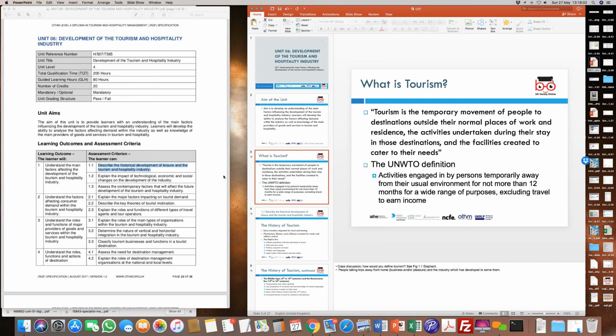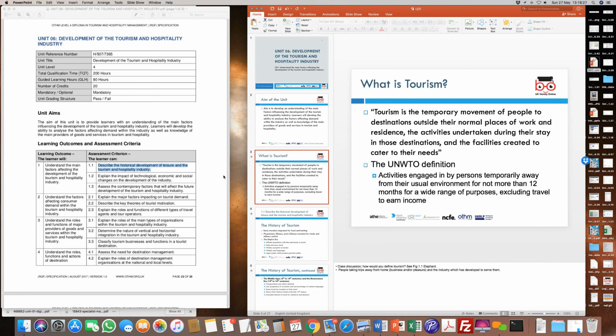So as long as you're there for up to a year, as per the United Nations World Tourism Organization, it is still considered that you're traveling for tourism, because you're not looking at settling there or immigrating. And any range of activities that you do relating to the purposes of leisure or work, excluding income.